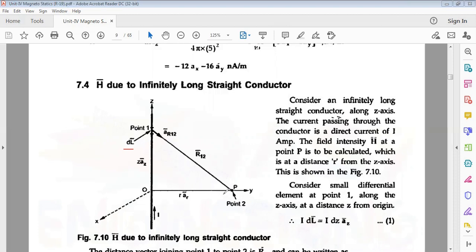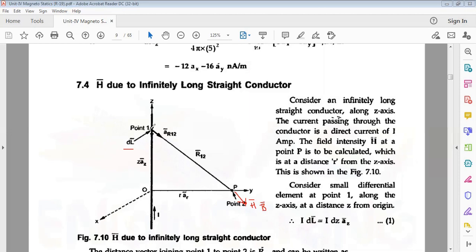And on the y-axis, assume a point P at a distance of r, in the direction of AR bar, where you have to find the magnetic field intensity H bar, or B bar, the magnetic flux density.